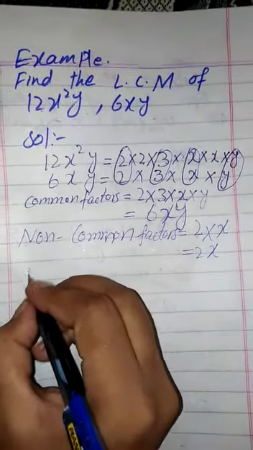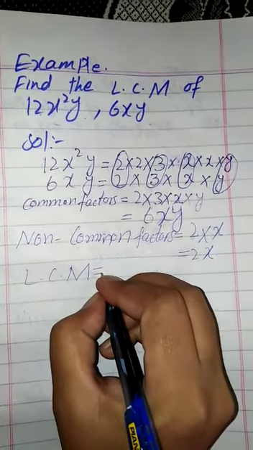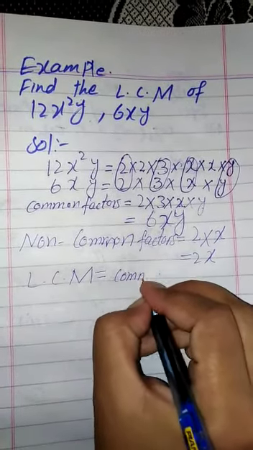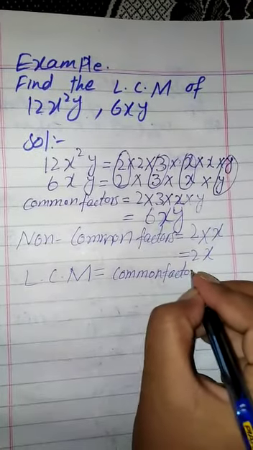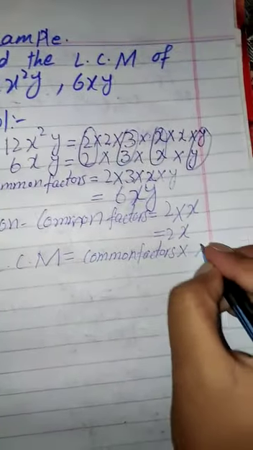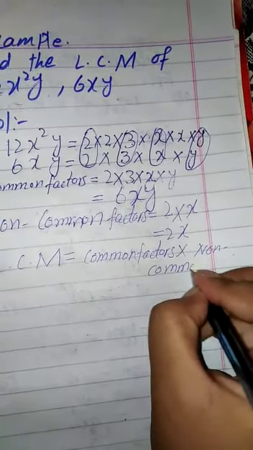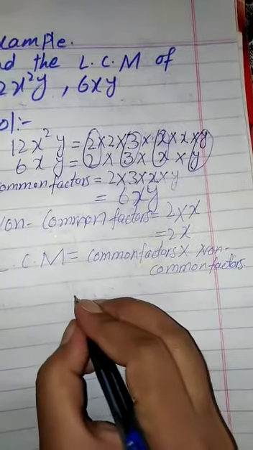The LCM is equal to the product of common and non-common factors. Common factors multiplied by non-common factors.